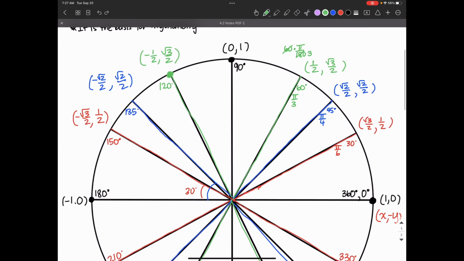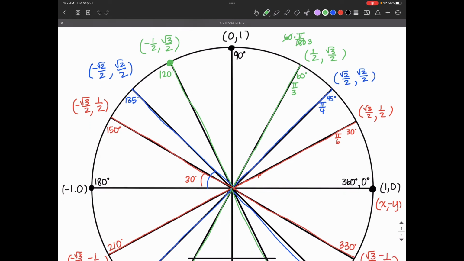To find the other ones, I'm just going to use the fact that I know that all of these angles that I've labeled are 30, 45, and 60 degrees from the x-axis, or pi over 6, pi over 4, pi over 3, away from the x-axis.